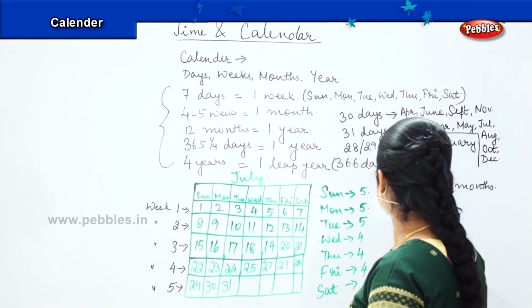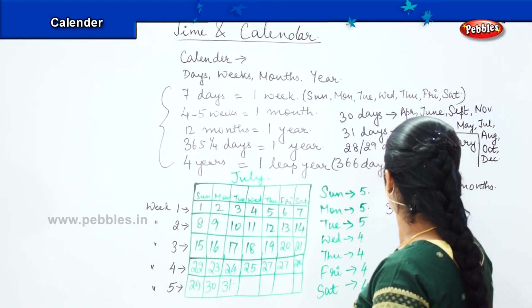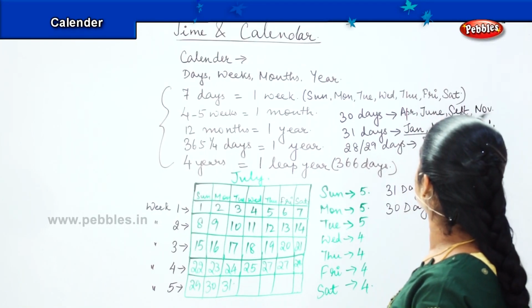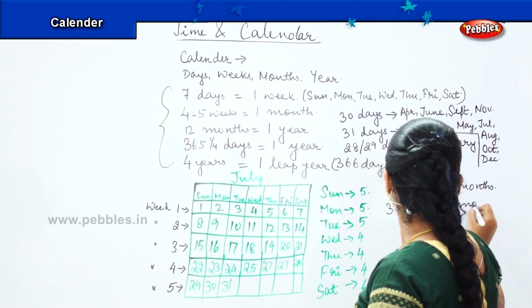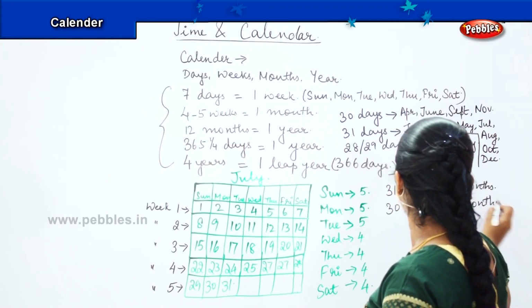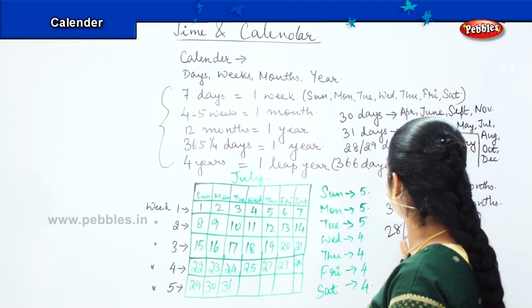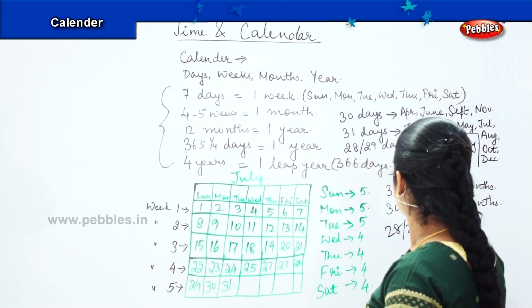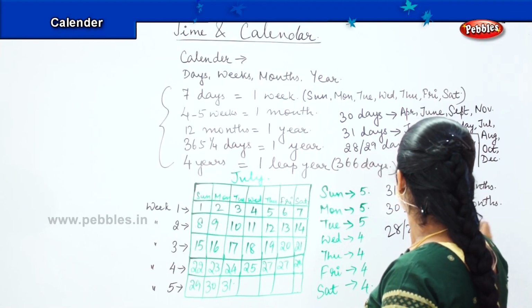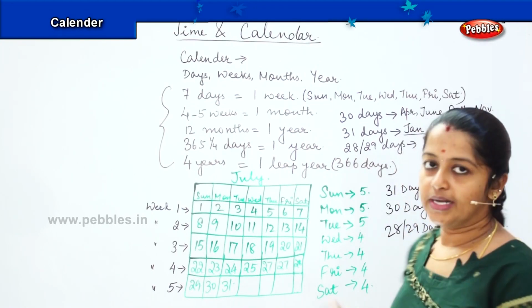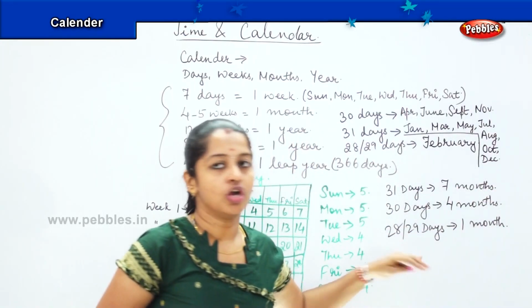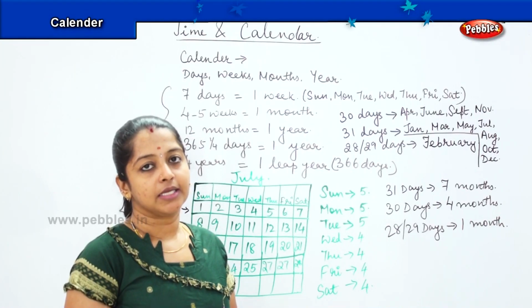Can we calculate and see? It's 1, 2, 3 and 4. So 4 months have got 30 days. And which is the only month which is having 28 or 29 days? Very good. It is February. So only 1 month you have is 28 or 29 days. And that is called your shortest month in a year.